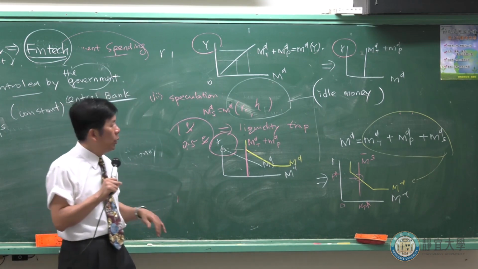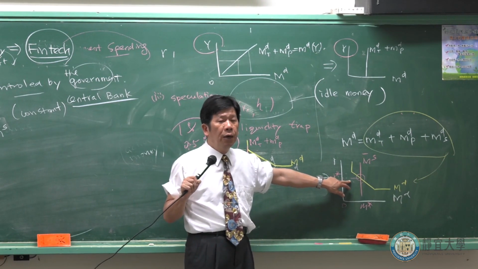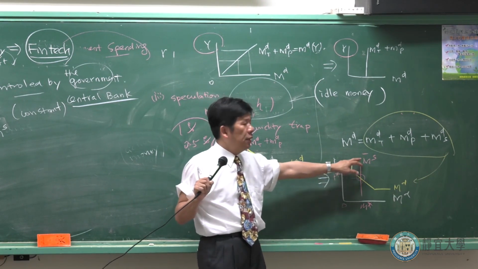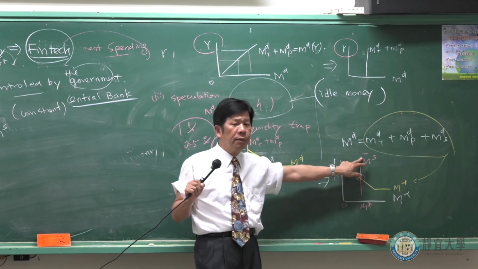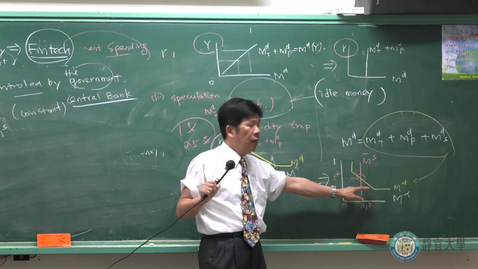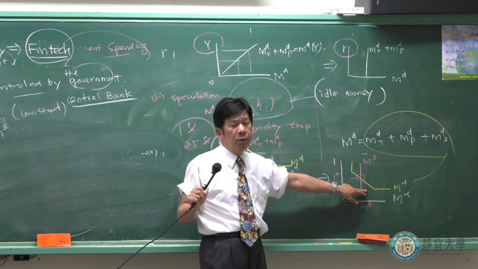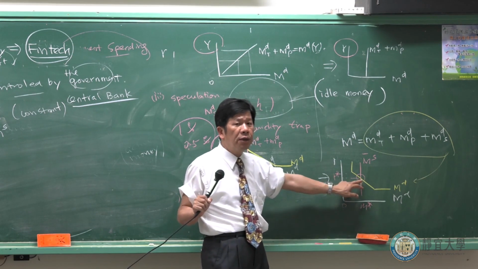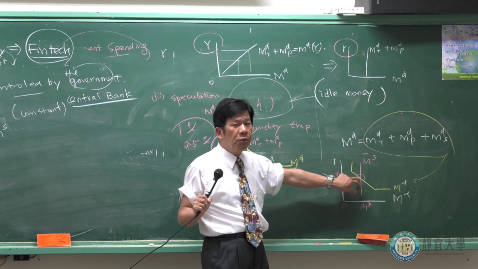From this model, we can find the money supply is controlled by the central bank, and the other side is dependent on all the individuals or all the society. So you can see this yellow one, then we can find this is the equilibrium interest rate.